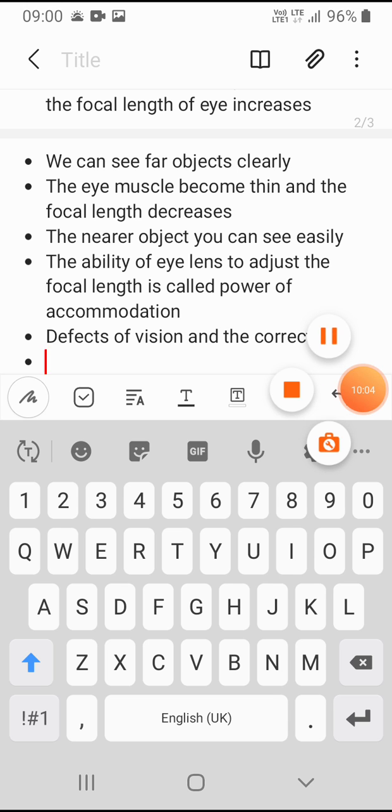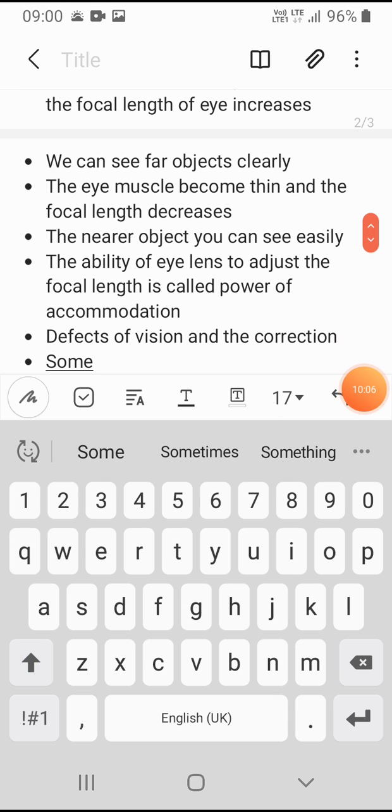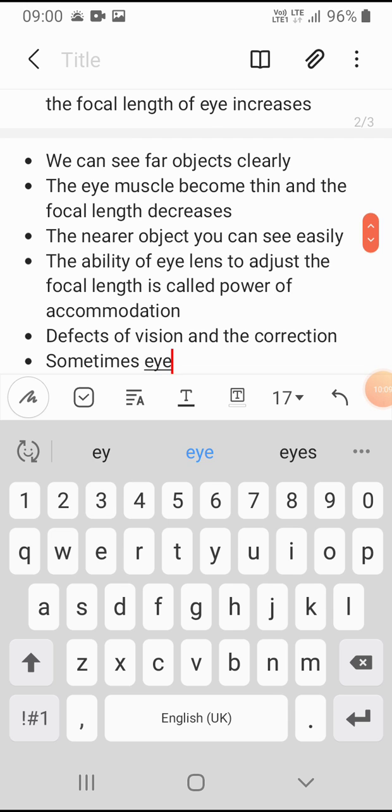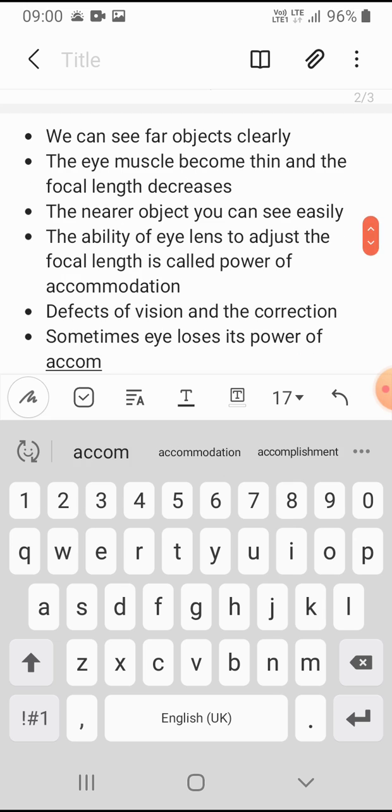Let's know about that. Sometimes the eye loses its power of accommodation, that is, its power to see far or nearer objects by adjusting the focal length.